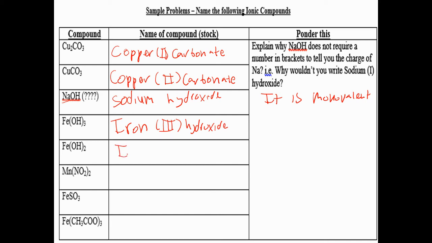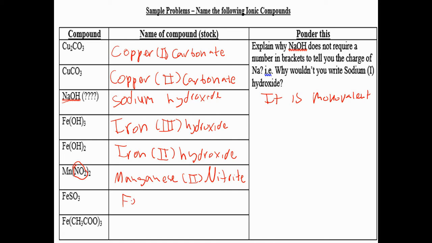Here we have iron 2 hydroxide. Here we have manganese 2. Be careful here, this is NO2, not NO3, so it's nitrite. Here we have iron, I need to write that as a word, not a symbol.